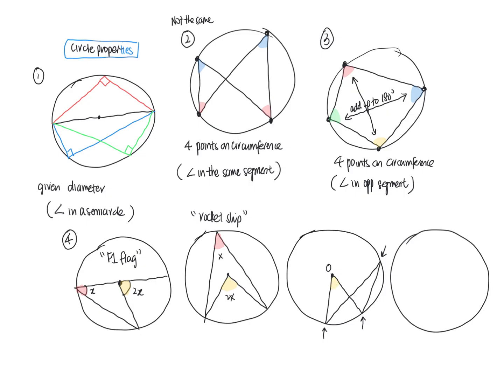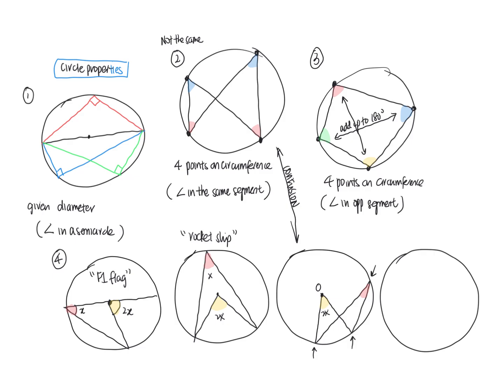This one is center, this one is circumference. So take note, if one of the points is at the center, then it's not the butterfly anymore. Don't mix this up. You will normally confuse these 2. There's always a confusion. Don't mix them up. Same thing here: this is 2x, this is x.